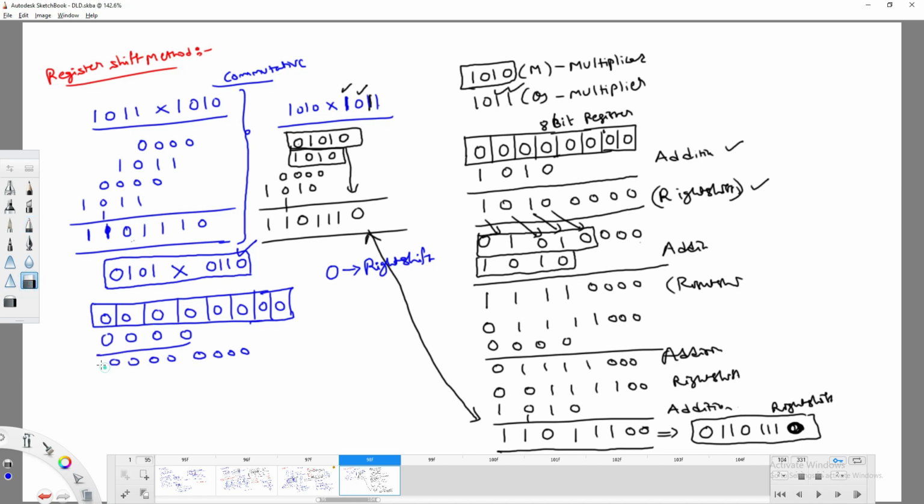So that's the reason, when you get 0, you can simply perform the right shift. As in this case, all are 0, so there is no need for a right shift either. But when you get 1, you need to perform addition. Along with addition, you need to perform a right shift operation.